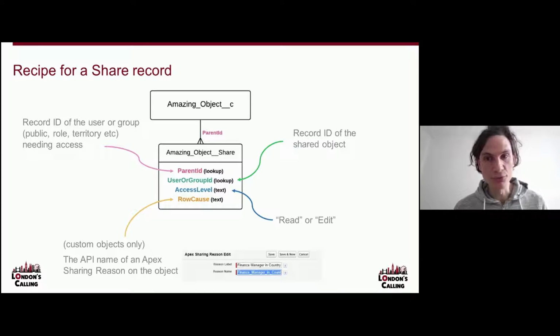The user or group ID. This is the record ID of the entity which needs to receive the sharing. So that's either a user ID or a public group ID. If our sharing is for roles or roles and subordinates, there are corresponding records for those in the group table, which can be referenced from a share record.